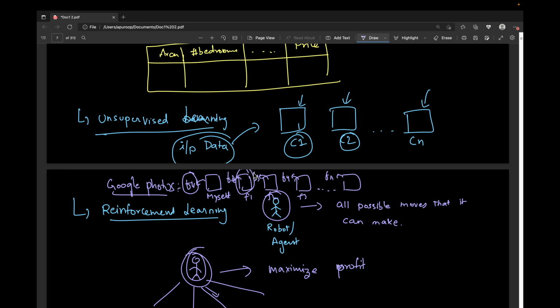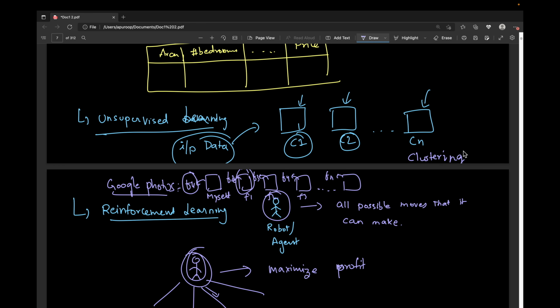The model doesn't know all these things. What does the model know? The model has observed some pattern, that is the face. It has observed similar faces and is placing all the similarly faced images in the same folder. So it is clustering based on faces. Such clustering algorithms come under unsupervised learning.